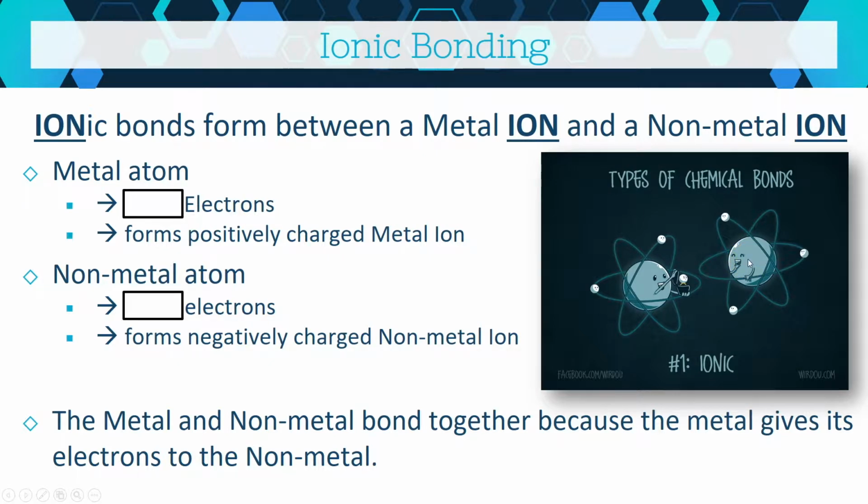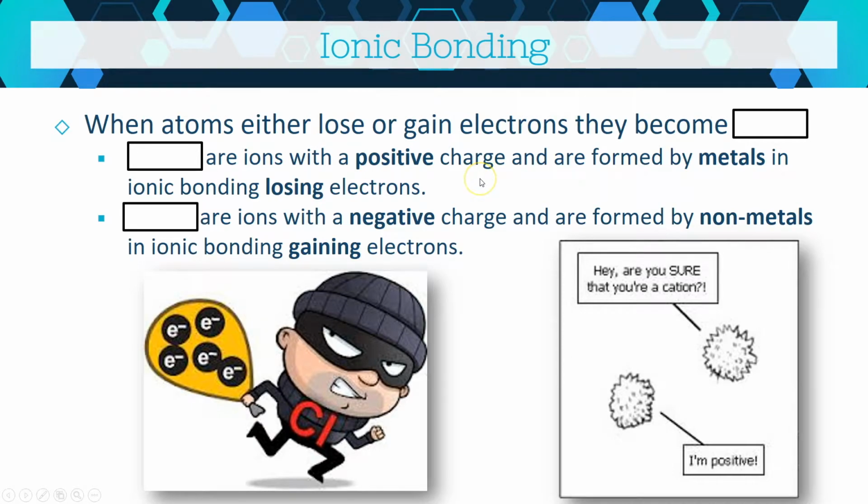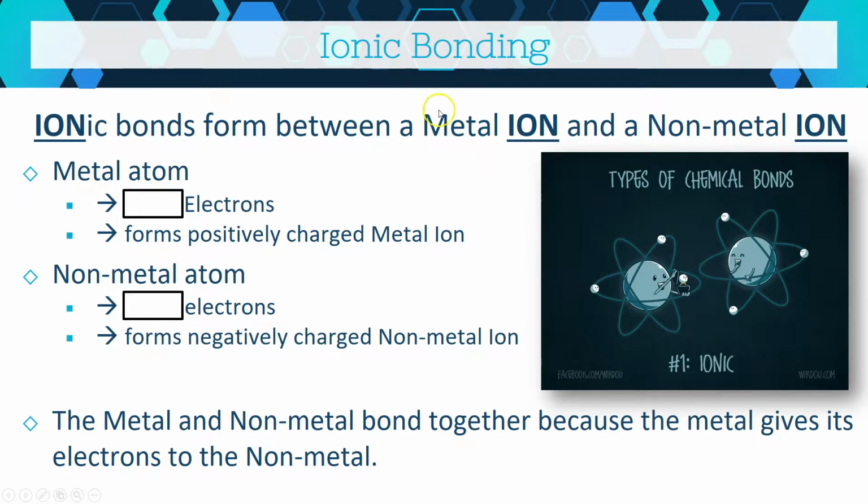So like I was saying, with ionic bonding, ionic bonds are those that form between a metal ion and a non-metal ion. So because we've got ions, we have ionic bonds. Now, we notice a certain pattern with our metals: they always lose electrons. So metals always lose electrons in ionic bonds, and because they're losing a negatively charged electron, they're going to form a positively charged metal ion.